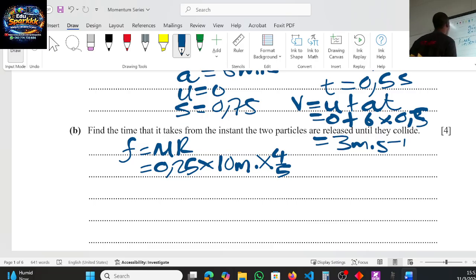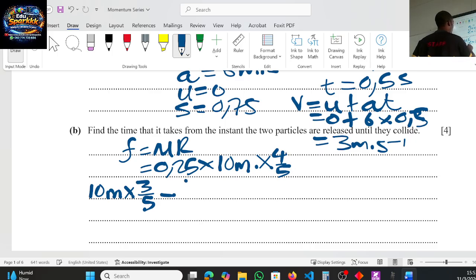So according to Newton's second law, for the section where it's rough, we are going to say F net, but F net comes from the weight component, which we started by saying is W sine theta. So W, that was 10m multiplied by sine theta, which was 3 over 5, minus the frictional force, which is 0.25, yes, a quarter.